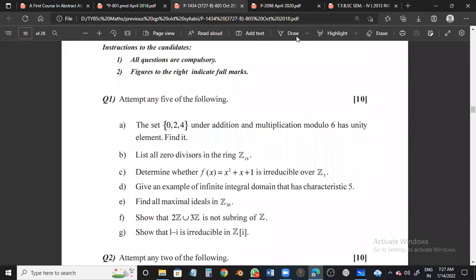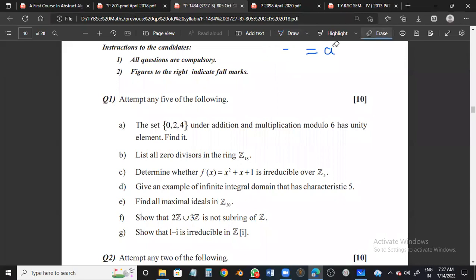It is not usually 1. See, if I multiply A by that element, my A should be safe. I should get back my A. And this should be true for every A. If this happens, then I label this E as unity. I suppose you followed me.